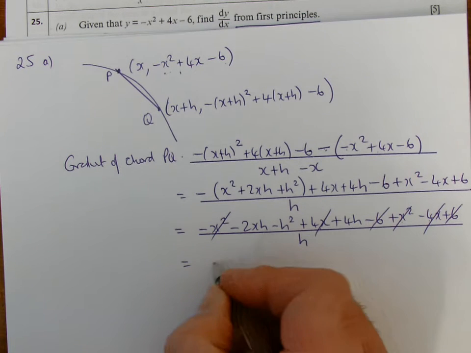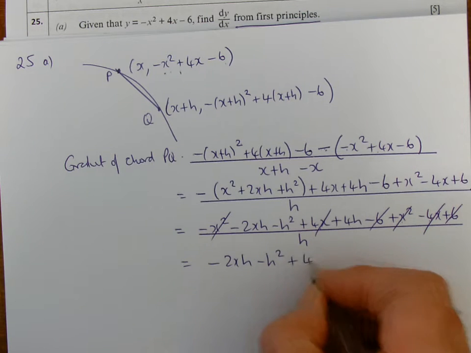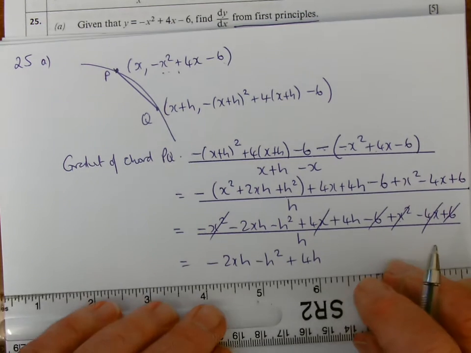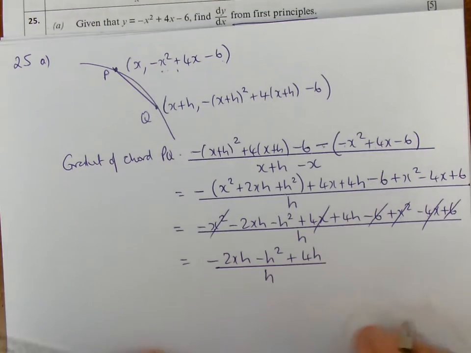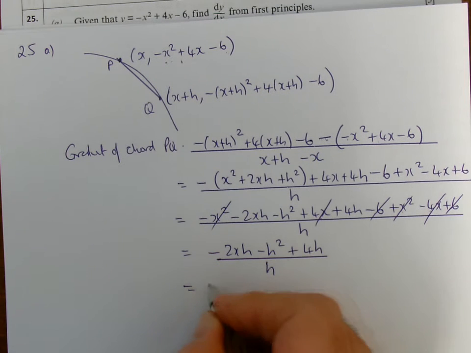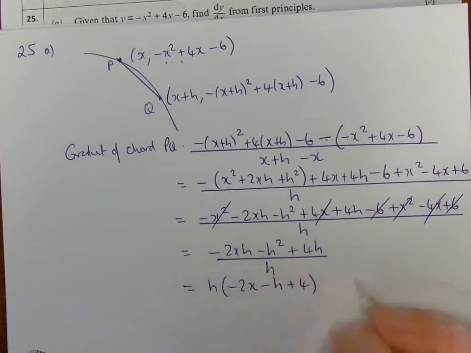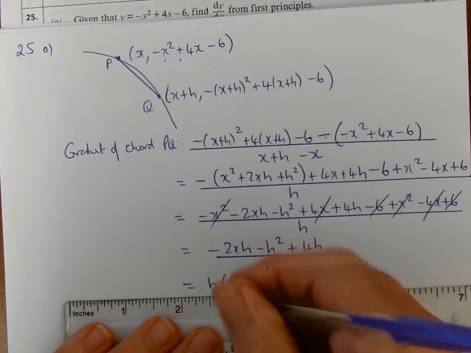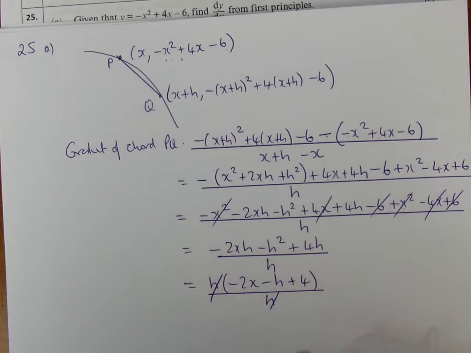So the top line is minus 2xh minus h squared plus 4h, all over h. h is a common factor on the top line, so that's h times (minus 2x minus h plus 4), all over h, and that h will cancel with that one.